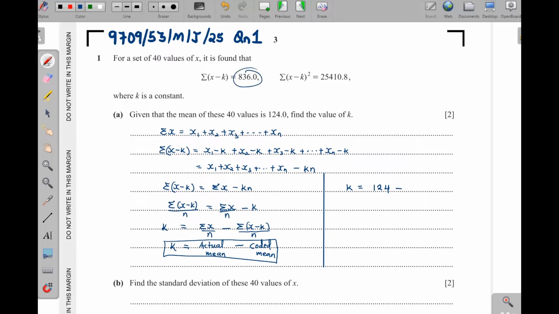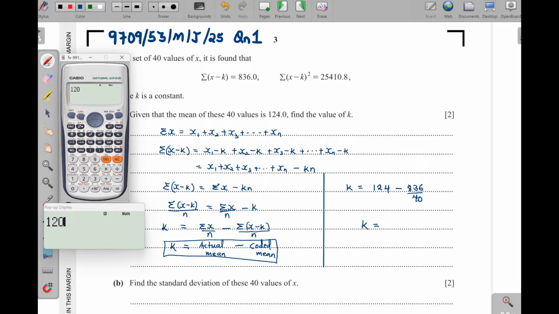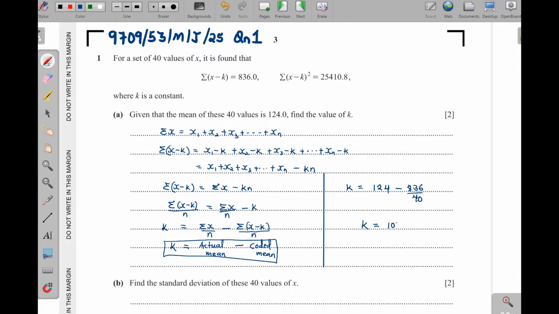We shall get this one, 836, then divide by 40. So altogether, what will be our k? 124, then minus 836 out of 40. We get 103.1. So that means the x values, they subtracted 103.1.